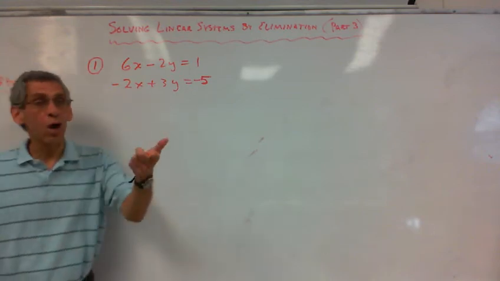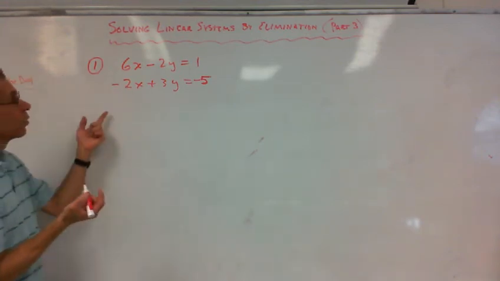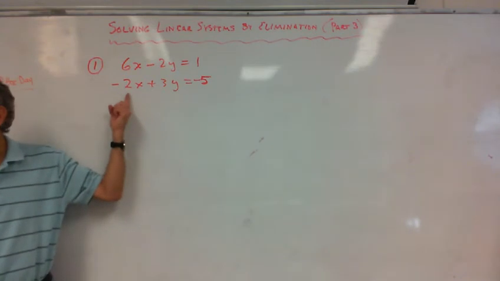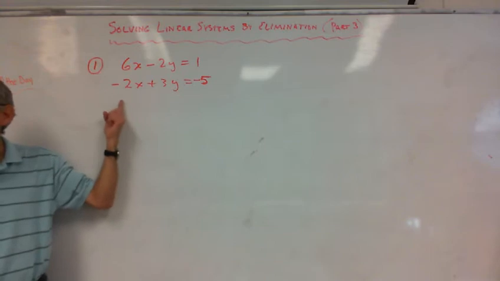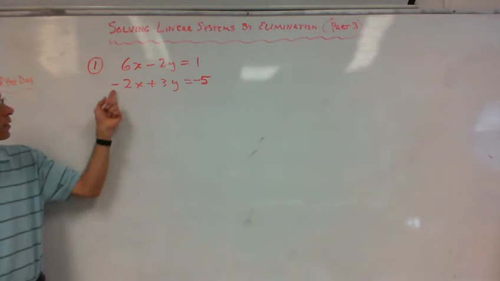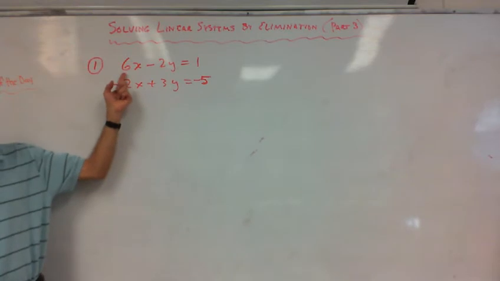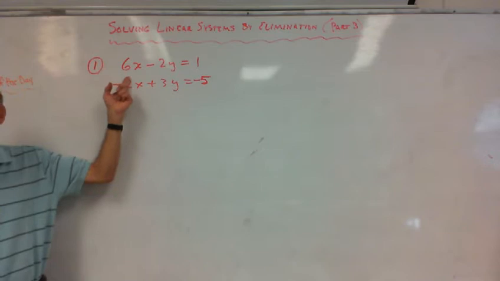So there are always different ways you can do it, right? He said, can I multiply negative 2 by something to get 6? And you always look at the smaller coefficient, right? The smaller coefficient is negative 2. Can I multiply that by something to get positive 6? Actually, negative 6 in this case, right? I want to keep it negative, the opposite of this sign.